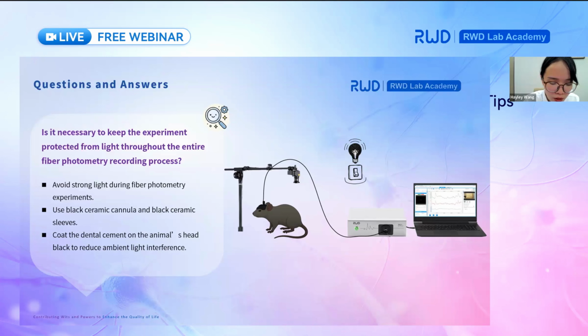The next is, I have a question regarding recommended raw signal range and the optimization during acquisition.